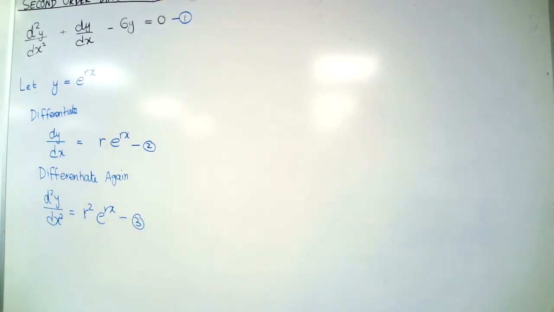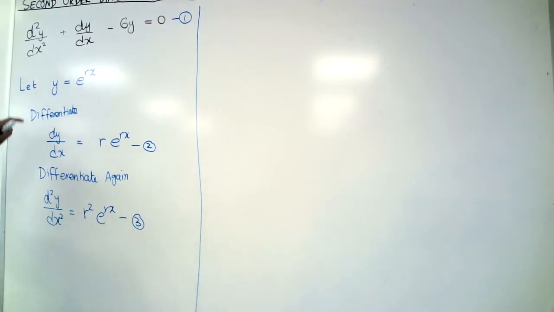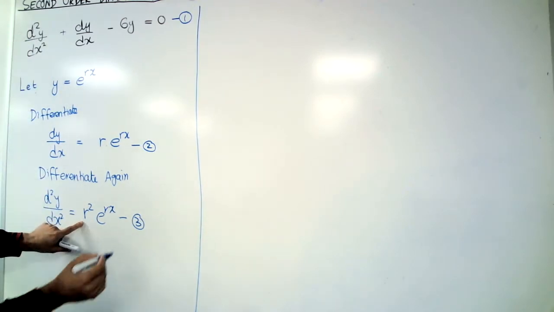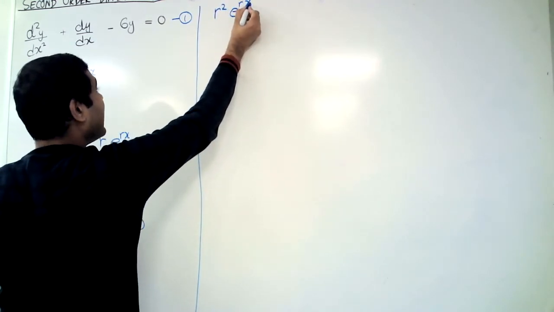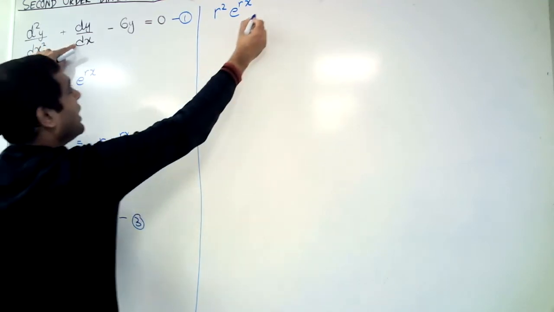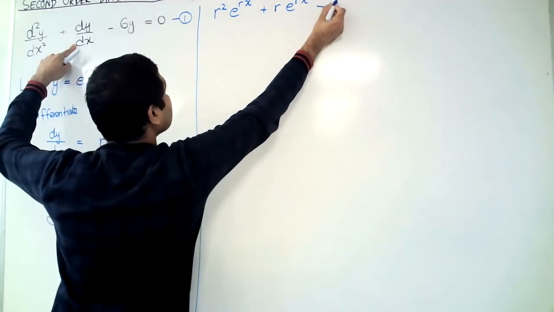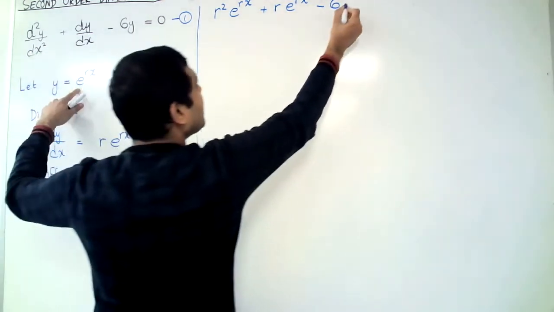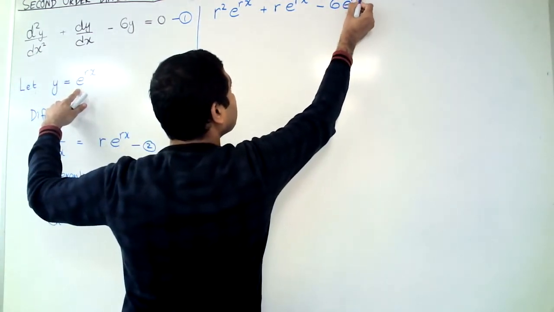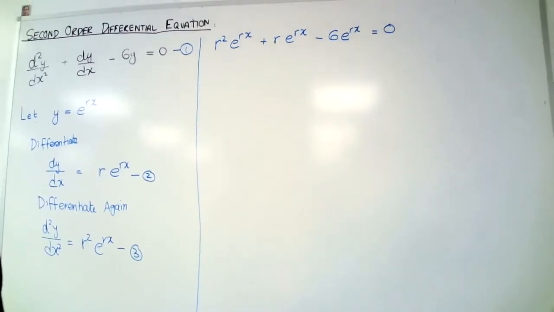Now I will put equations 2 and 3 into equation 1. So in this equation, instead of that bit, I write r square e to the power rx, plus instead of that one, I write r e to the power rx, minus 6 times e to the power rx equals 0.